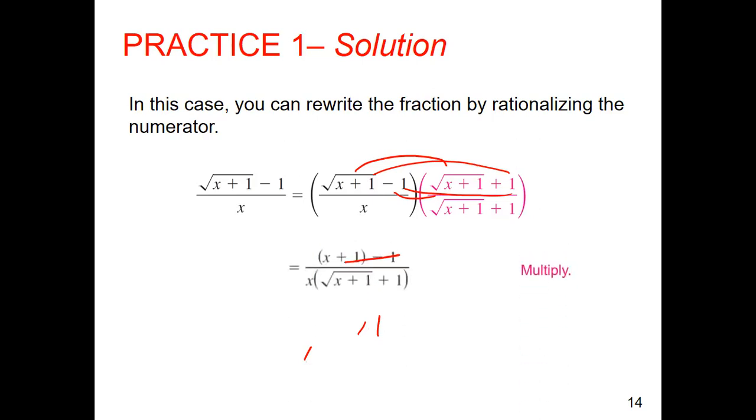After we do that, we're left with x plus 1 minus 1. And what happens to our 1s? They cancel out because one is positive and the other is negative. So then all you're left with is x over x times the square root of x plus 1 plus 1, and your x's are going to cancel out.